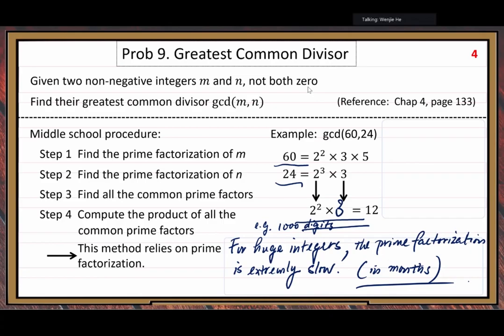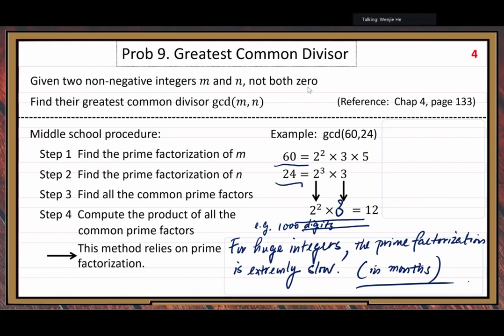You do not need to do prime factorization. Very efficient. That's the recursion, the variable size reduction. This is the topic of Part B, variable size reduction. So let's see that.